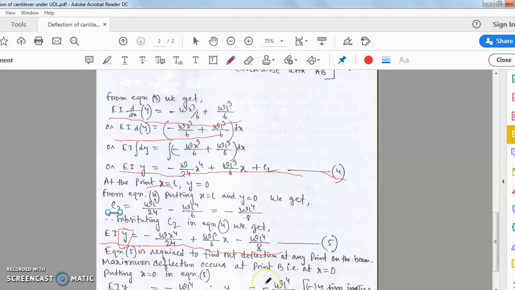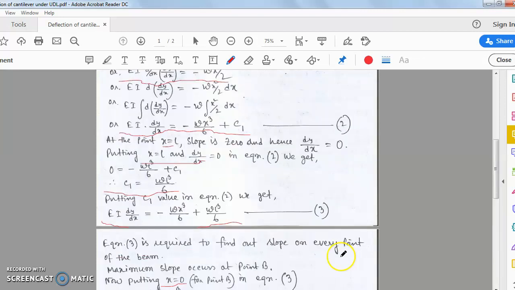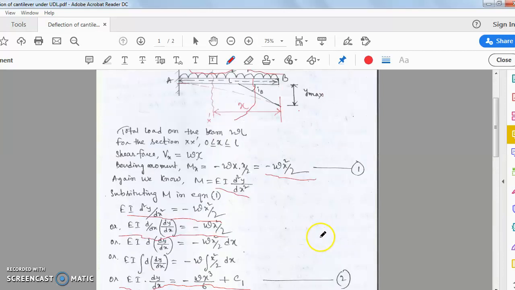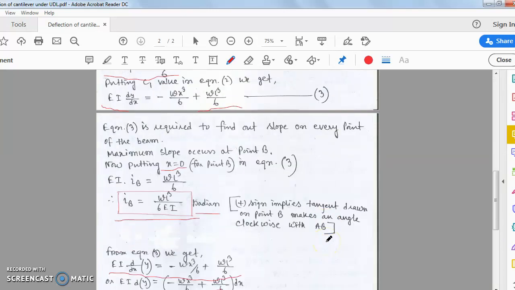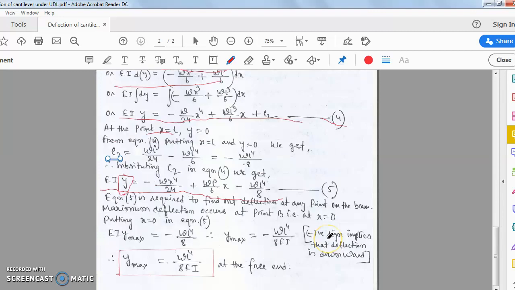Where does the maximum deflection occur? Maximum deflection occurs at point B, that means at x equal to 0. Putting x equal to 0 in equation 5, we get y max equal to minus WL to the power 4 by 8EI. Why negative?